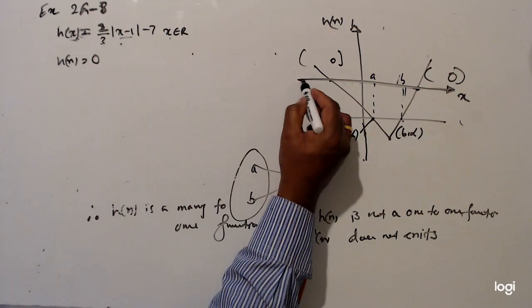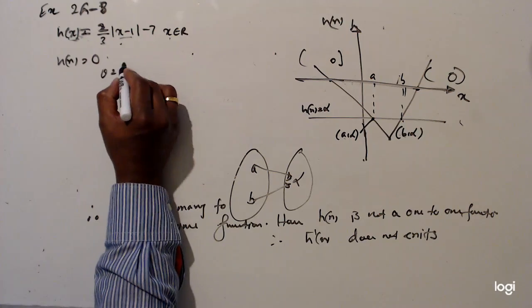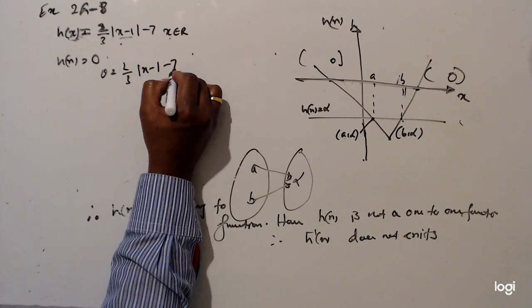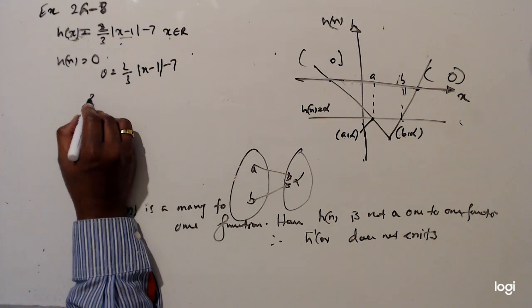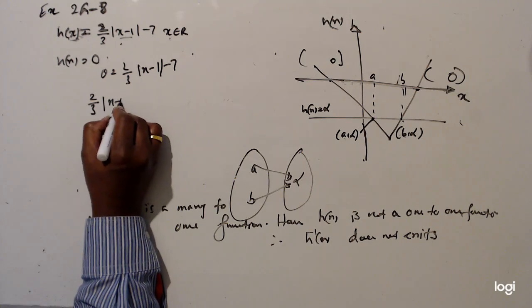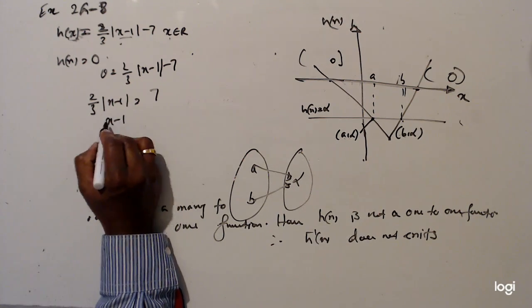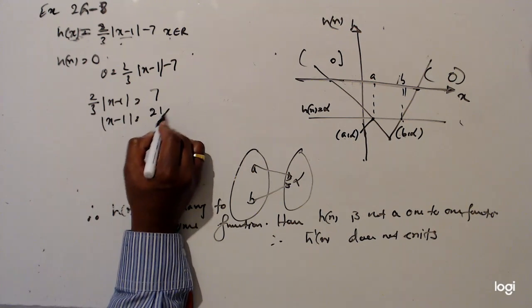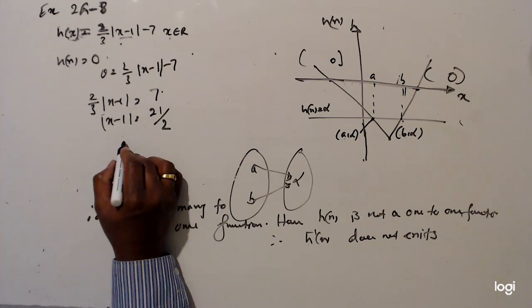Then 0 equals 2/3 |x minus 1| minus 7, so 2/3 |x minus 1| equals 7, so |x minus 1| equals 21 over 2.